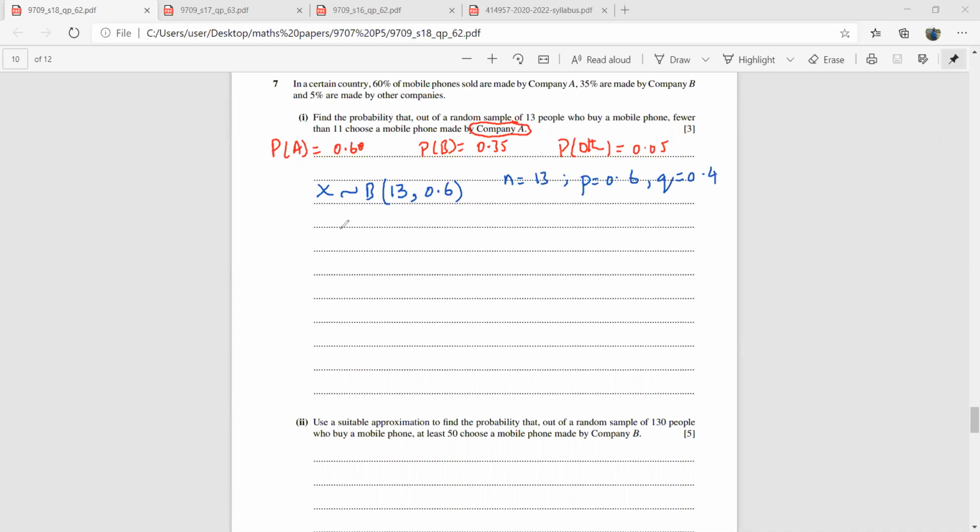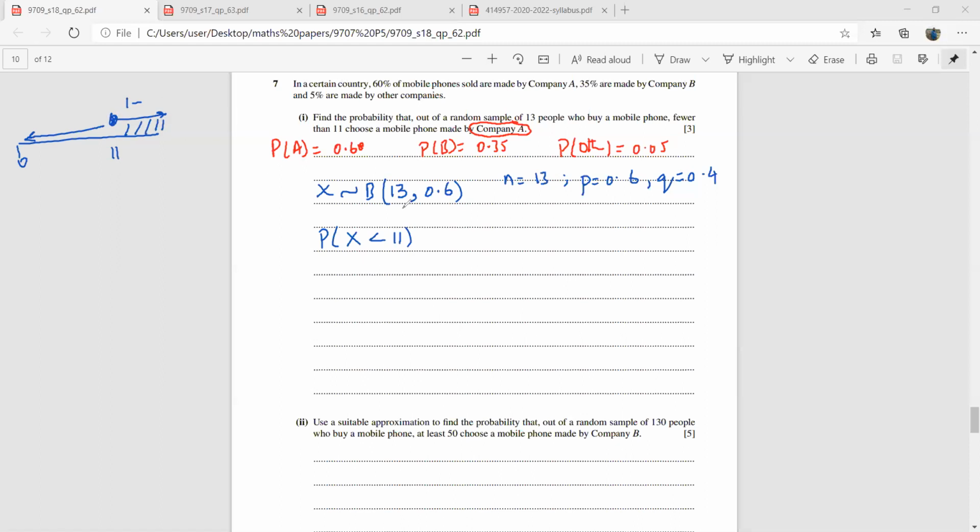It says find the probability that fewer than 11 choose. So it says probability X is less than 11. It is up to you, you can go from 10 backward up to 0, or you can do 1 minus up to these people, like this area over here.